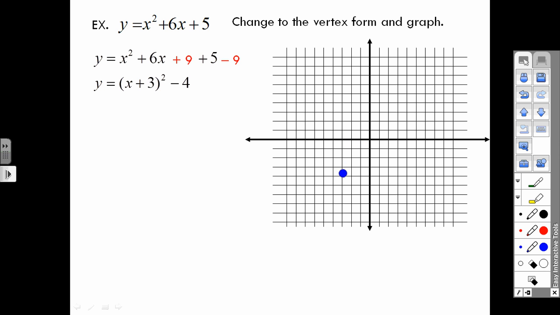Using my pattern, over 1, up 1, over 2, up 1, 2, 3, 4, put that there and that there. From here, we know that the y-intercept is 5, so count up 1, 2, 3, 4, 5. We could have done that, and then it looks like it's 1, 2, 3 over, so 1, 2, 3 over. But I want you guys to see something here.